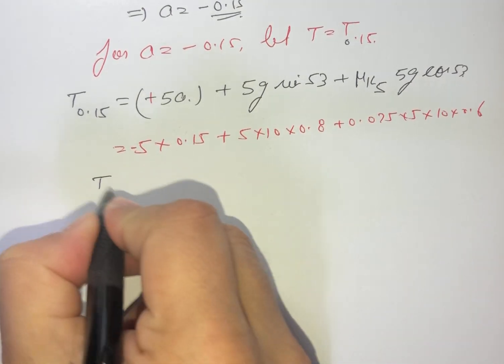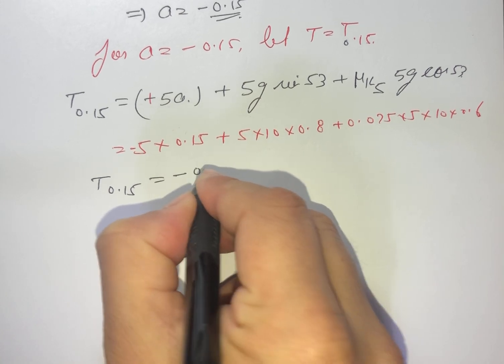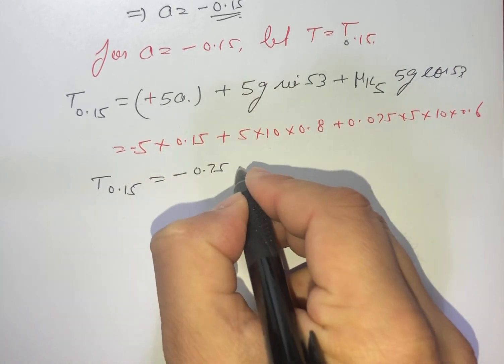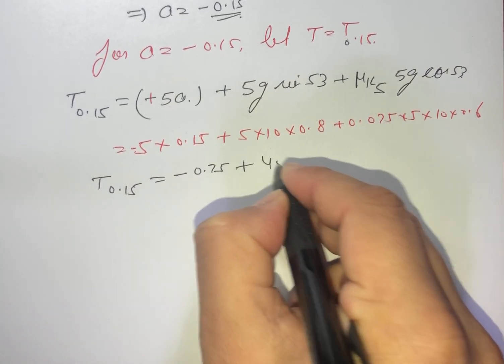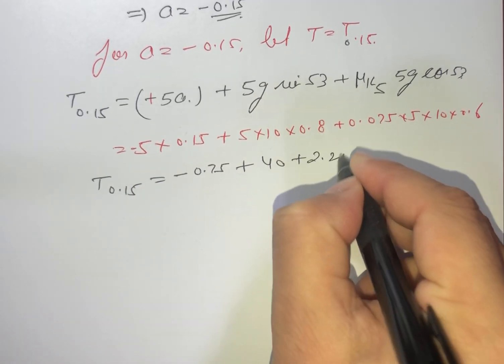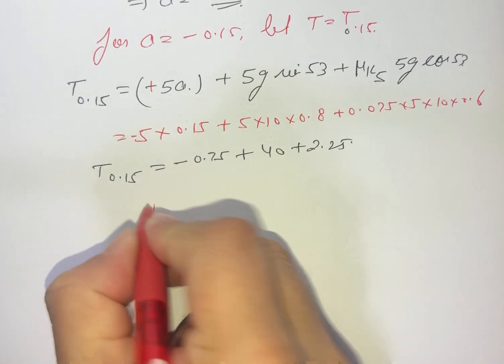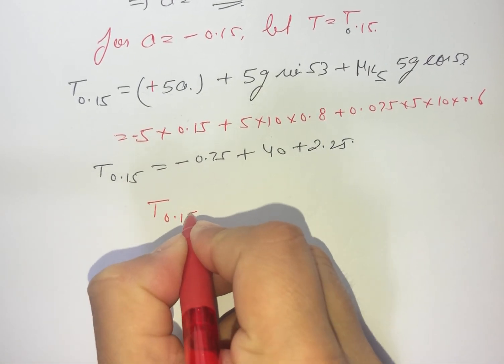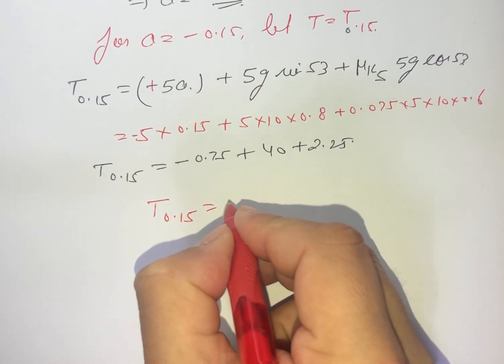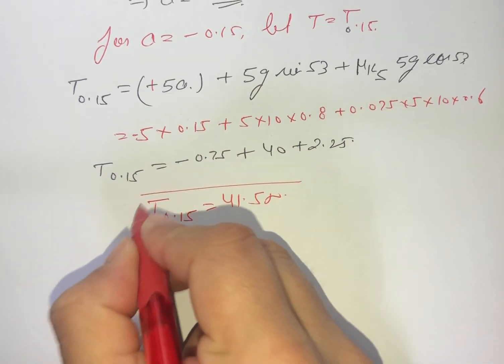So we can see that tension 0.15 is equal to minus 0.75 plus 40 plus 2.25. So finally, the tension when the acceleration is 0.15 will be coming as 41.5 newtons.